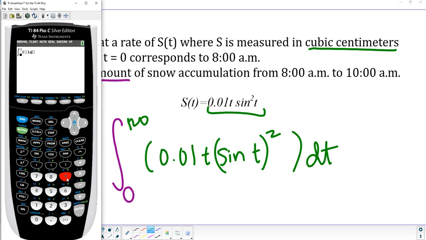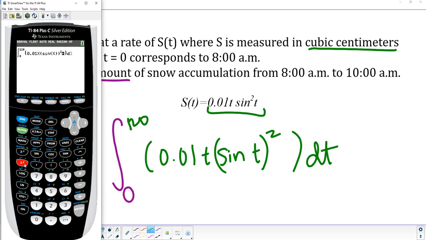And then you just plug it in. So I'm going to go 0, 120, and then let's put this in, so it's going to be 0.01. I'm going to use x instead of t, it's just easier to grab. Then do another set of parentheses, sine of x, closing both.